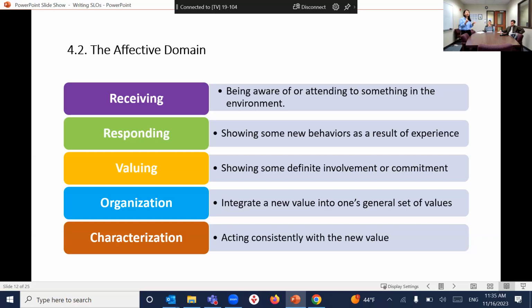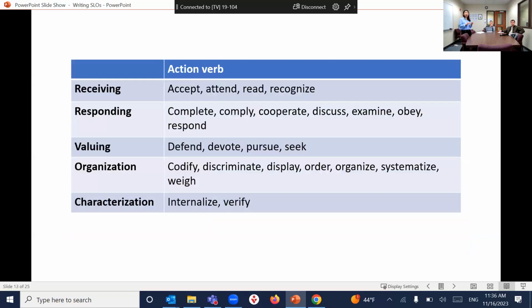And after accepting, if you are asking students to display that ESCO standard, then that can be considered as characterization, or we say internalizing the value. So these are the respective action verbs that you can use if you are developing the affective domain of learning outcomes.